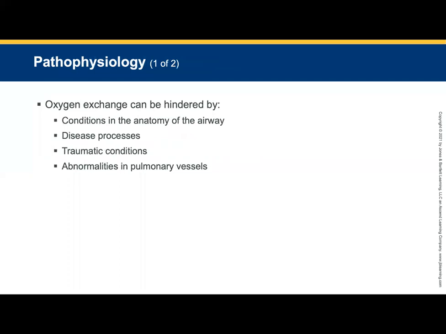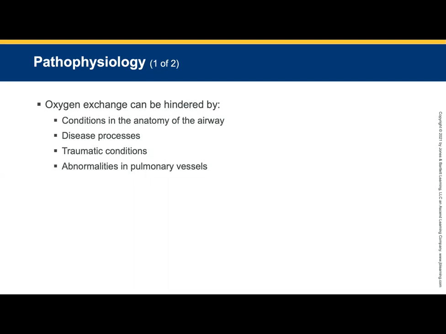The proper exchange of oxygen and carbon dioxide can be hindered by several different things. We can have an abnormal or pathologic condition in the anatomy of the airway, like diseases. We have trauma to the area and abnormalities in the pulmonary vessels. Several different things can affect the way our exchange takes place.